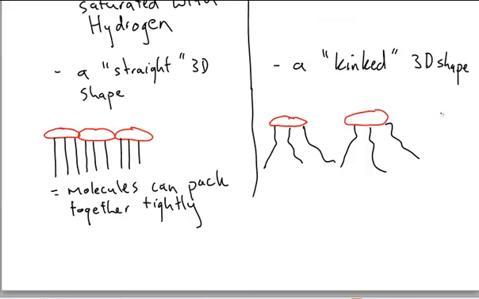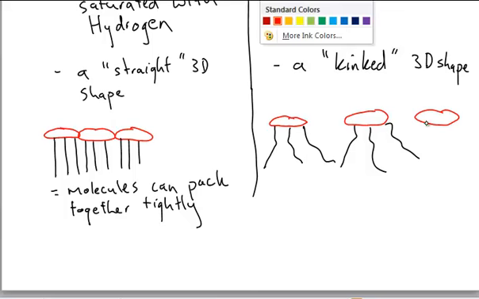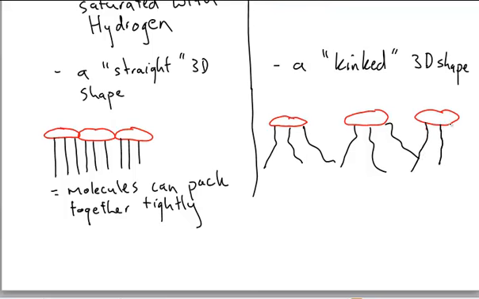So they can't pack as tight. And if you remember back to some basic chemistry and the states of matter, when things pack more tightly together, they are known as a solid.